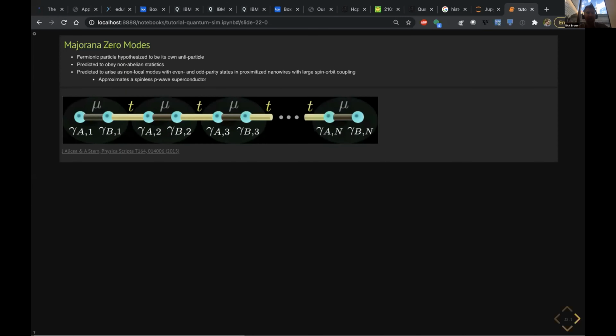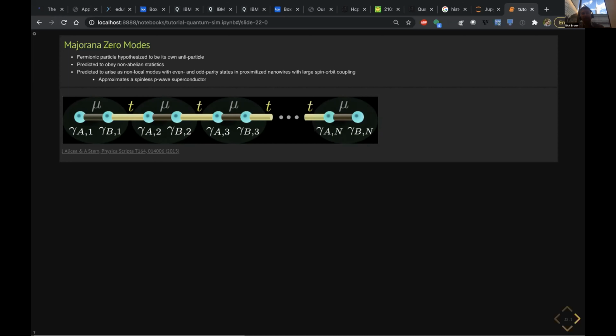And so this kind of idea that came about is something called a Kitaev chain, which consists of these particles in a row, and essentially you can turn on these different parameters by applying gate voltages or magnetic fields. So you have a chemical potential mu, which is how much does it cost to add an electron? You have the hopping term t, which is what is the energy scale to jump between sites. And there's a superconducting gap parameter in here, which is not shown.